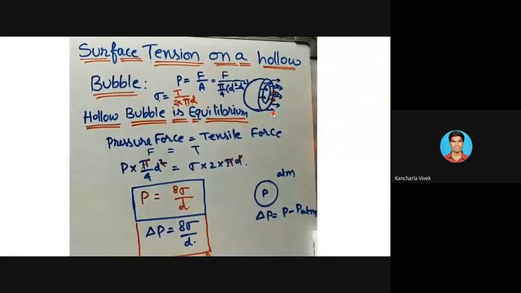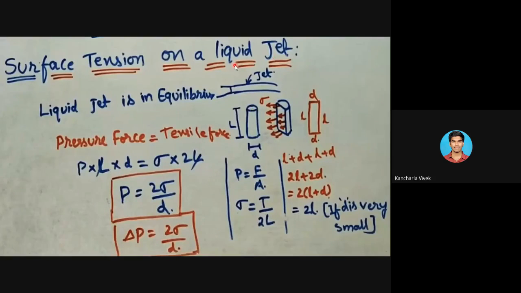In the case of a hollow bubble, to be in equilibrium, the change in pressure is equal to 8 times the surface tension acting over the diameter of the hollow bubble. In the case of a liquid jet, the change in pressure is 2 times the surface tension by the diameter of the liquid jet.